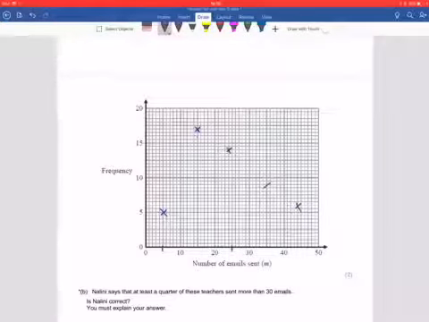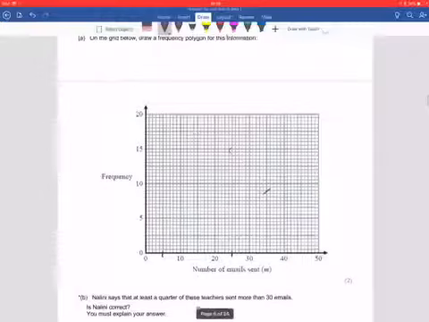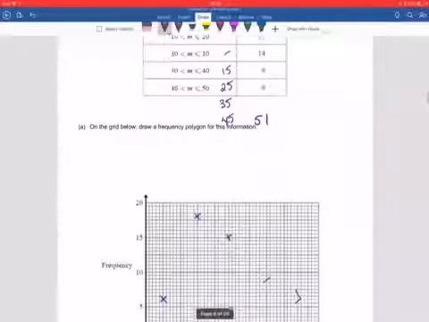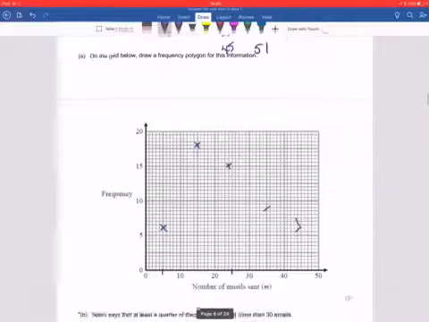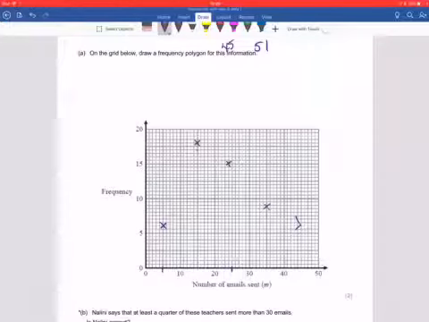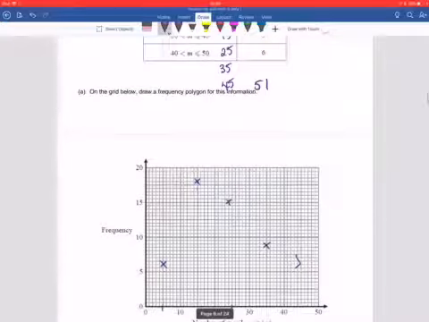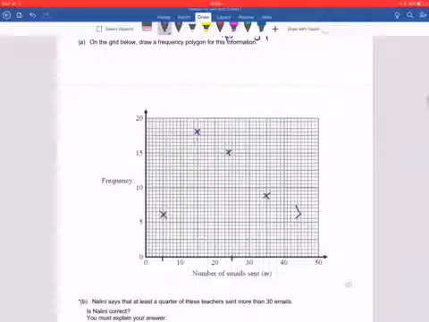I seem to lose it when I scroll. 35 was 9. 45 was 6. So let's just tidy that up. Sorry about that. I will get used to this technology one day.